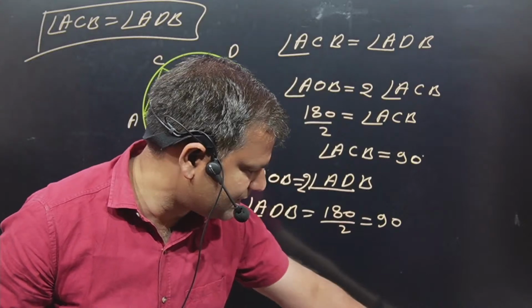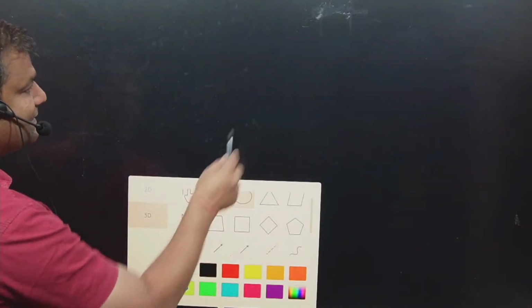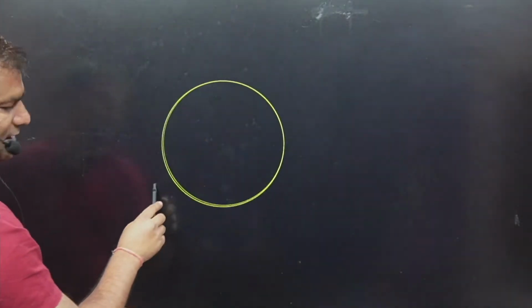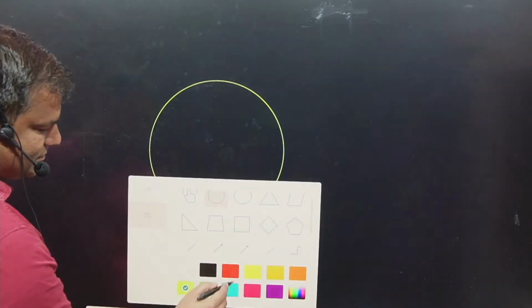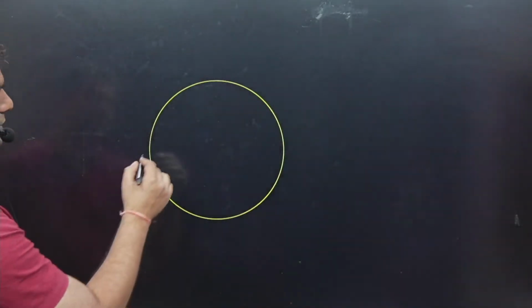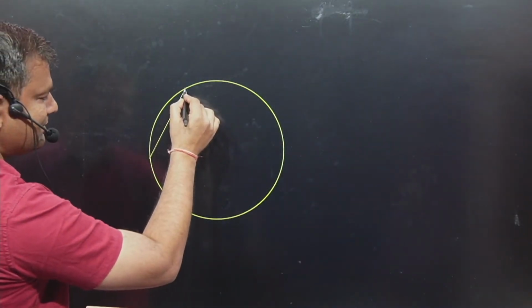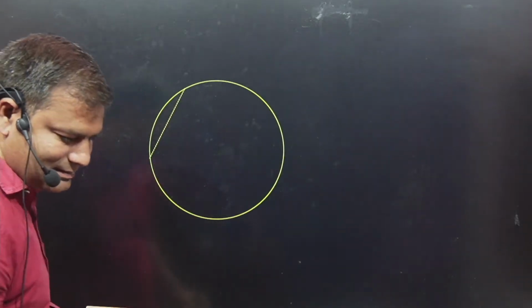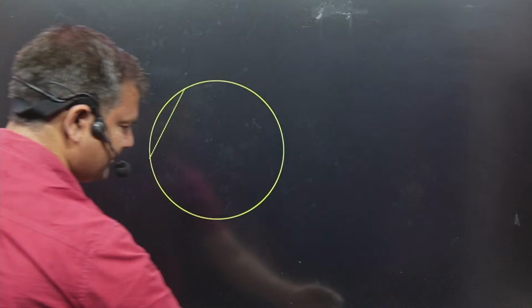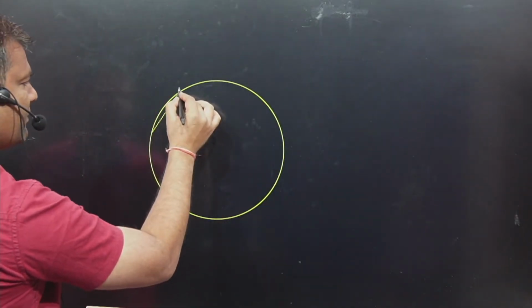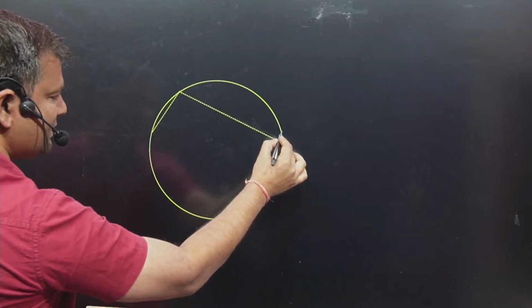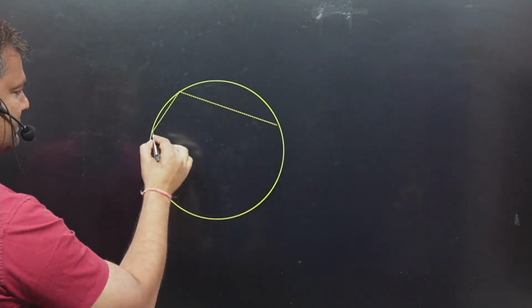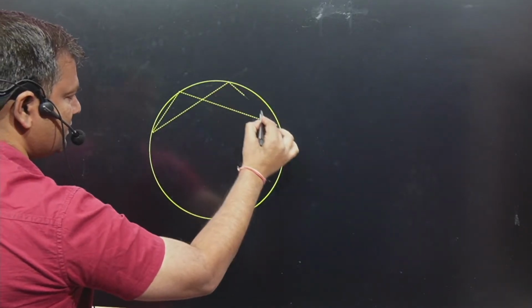Now the third possibility. Sometimes, sir, if the circle is represented like that, from here to here, and the second one from here to here.